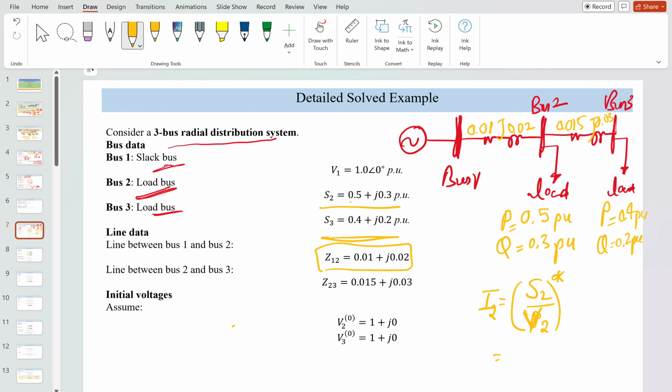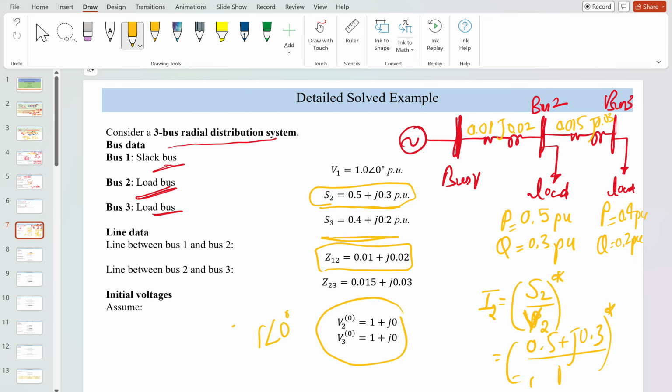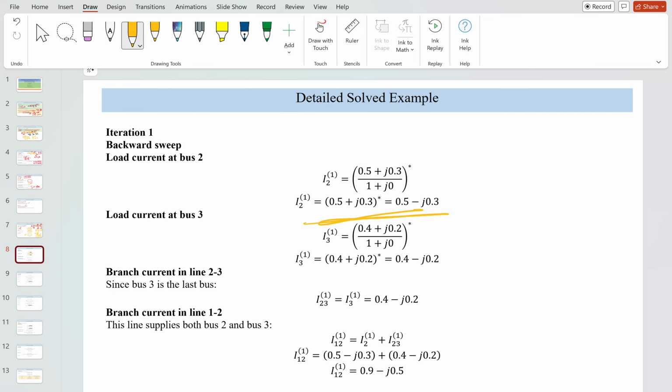S2 at bus 2 is already given, that is 0.5 plus j 0.3, and V2 we don't know, so the assumption is that you always consider at the initial point 1 angle 0 degree. Then S2, 0.5 plus j 0.3, divided by 1 angle 0 degree conjugate, will come out to 0.5 minus j 0.3.